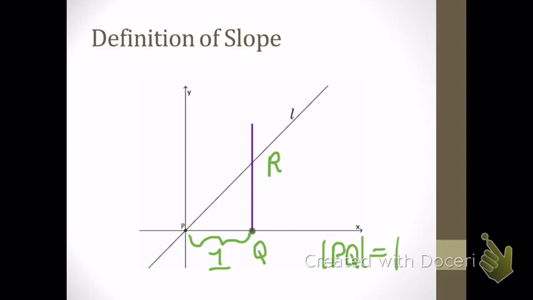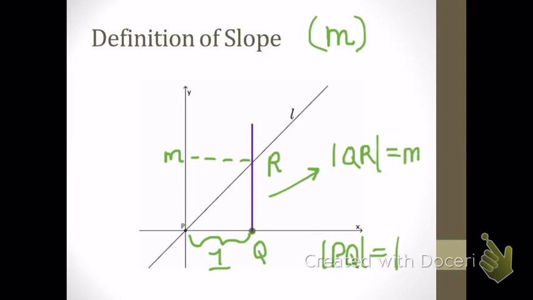And if I take this over to the y-axis here, the y-coordinate of that point R is going to be M. We're going to use the letter M for slope. So whenever you see slope, it's M equals something. And so we're going to say that this length right here, which is the length of QR, which equals M, is the slope. All right, and we can see if we translate this.